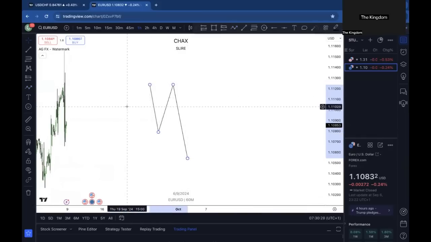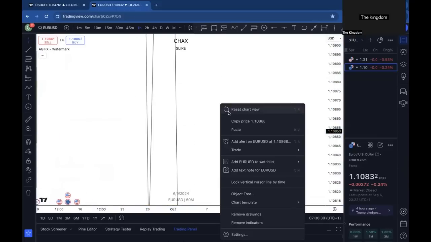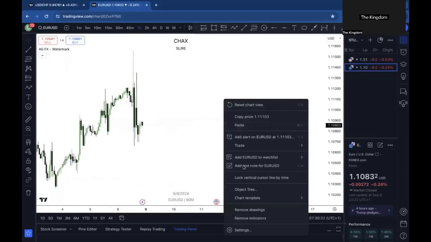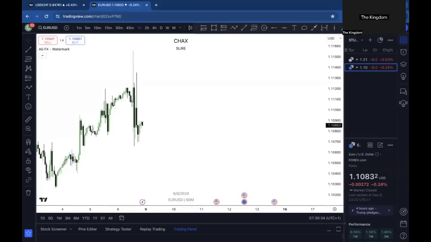If it is going to be a retracement, what's to happen? If it's going to be a retracement, let me redraw. Oops, sorry. Sorry guys.